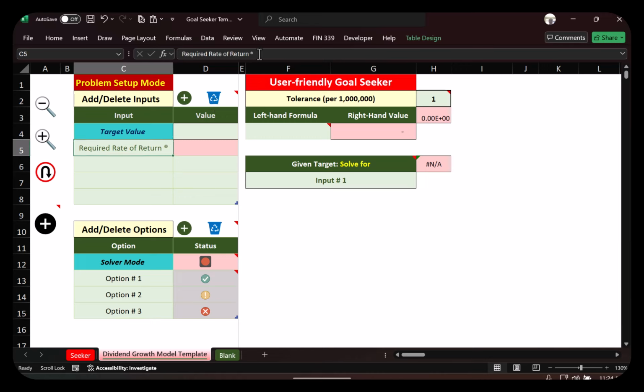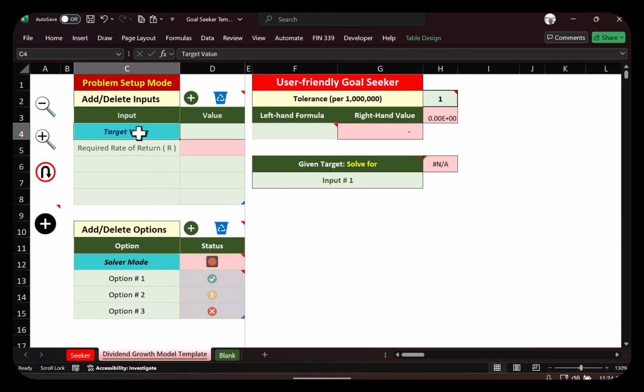Of course, I'm going to call this market price. And I'm going to call this if.